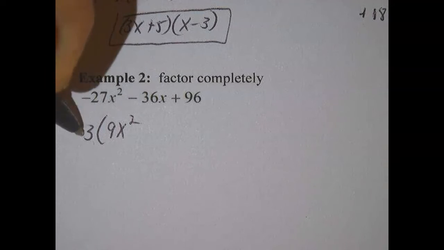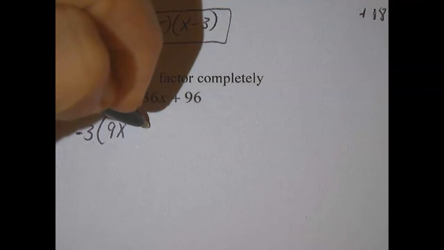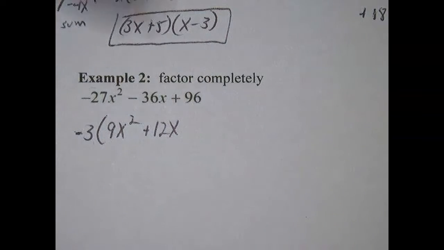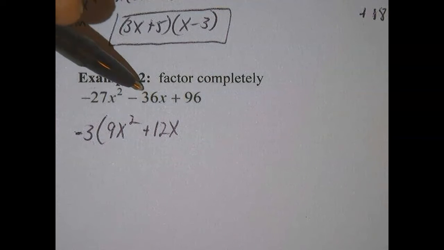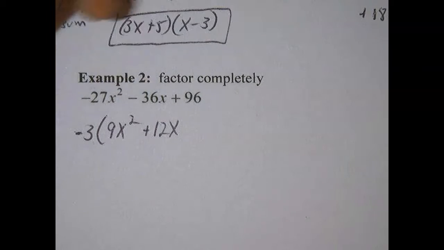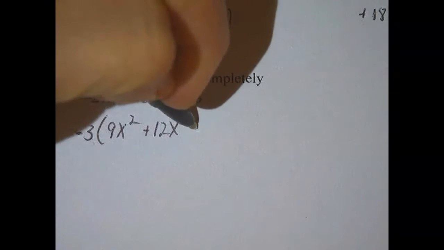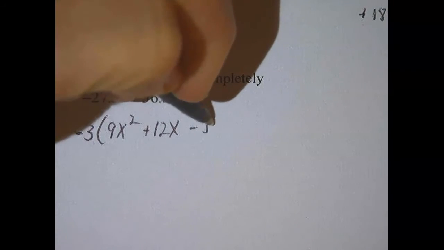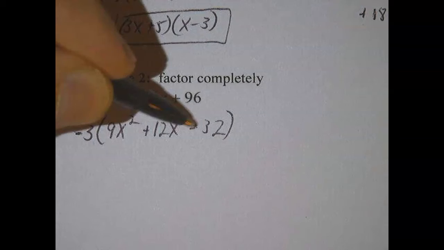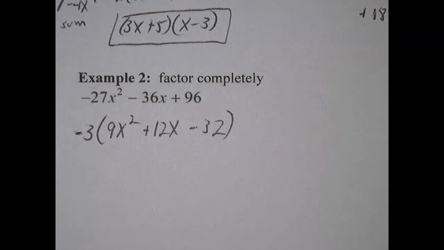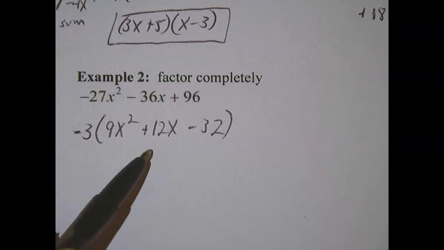Negative 3 times 12x will give me negative 36x. And negative 3 times 32, it's going to have to be subtracting 32 to give me negative times a negative to give me a positive 96. Now that's all I can take out.